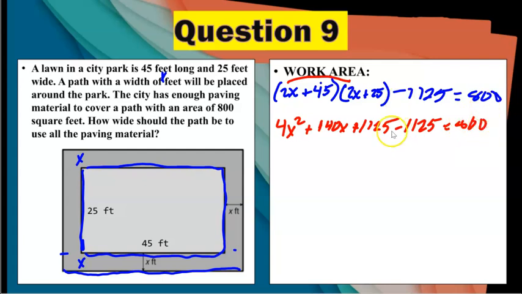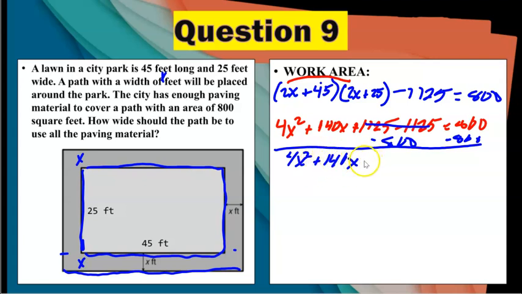Now if we simplify this, these cancel each other off. We want to subtract 800 on both sides to make it equal to 0, and we have 4x squared plus 140x minus 800 equals 0.